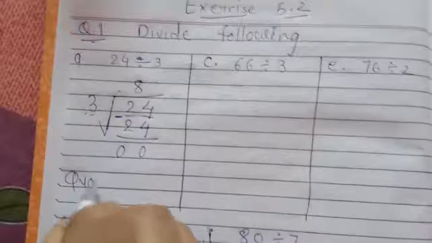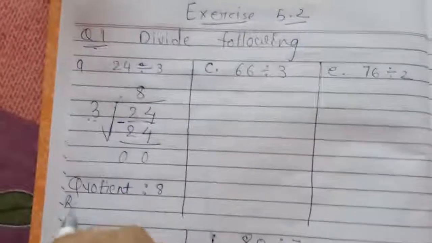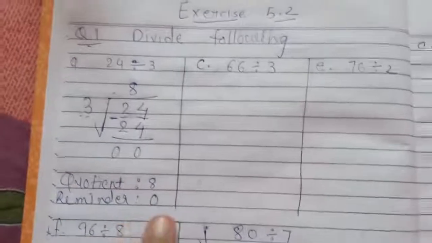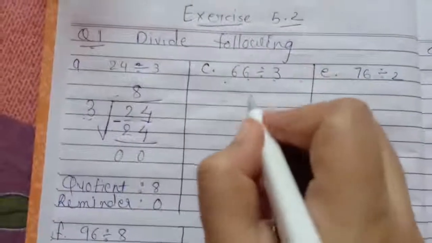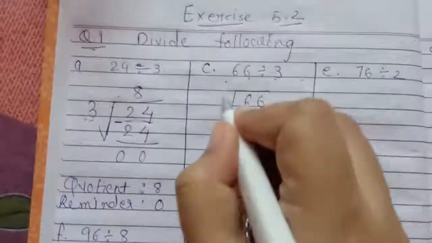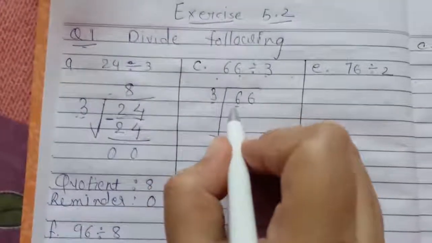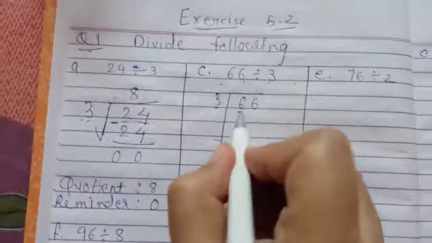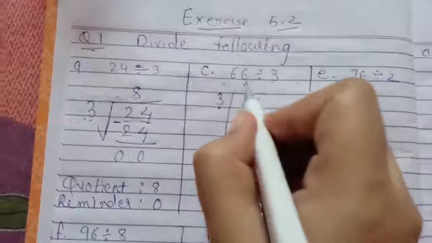So quotient is 8 and remainder is 0. You have to write it down. Now 66 divided by 3. So first 3 and 6. 6 is larger than 3, so we will divide one digit. 3 1s are 3, 3 2s are 6.